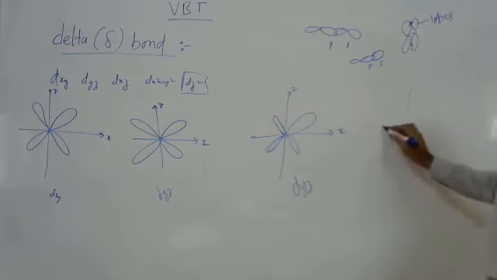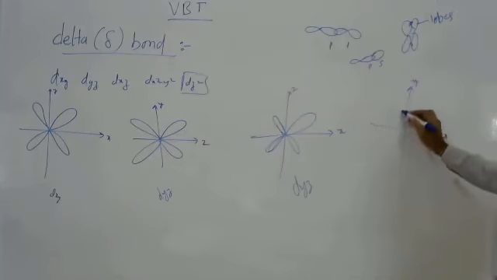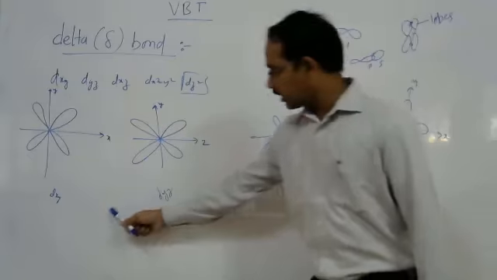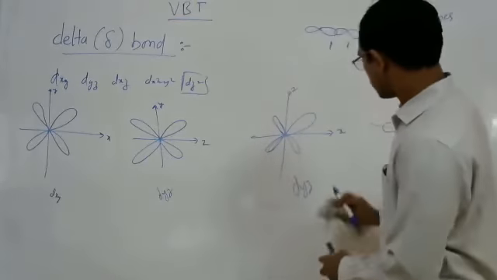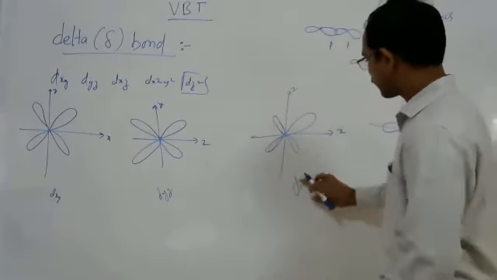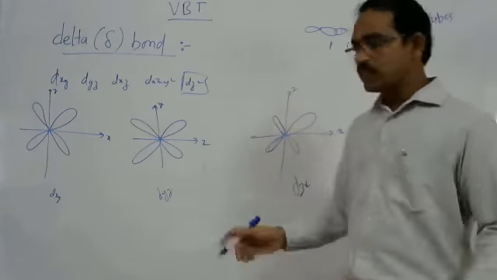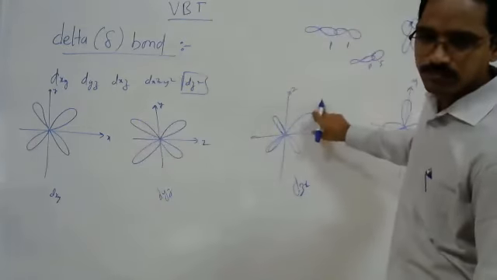Now next, x square minus y square. Look, this orbital is placed on the axis. Look, xy, yz, zx: these three orbitals are in the planes, xy plane, yz plane and zx plane.